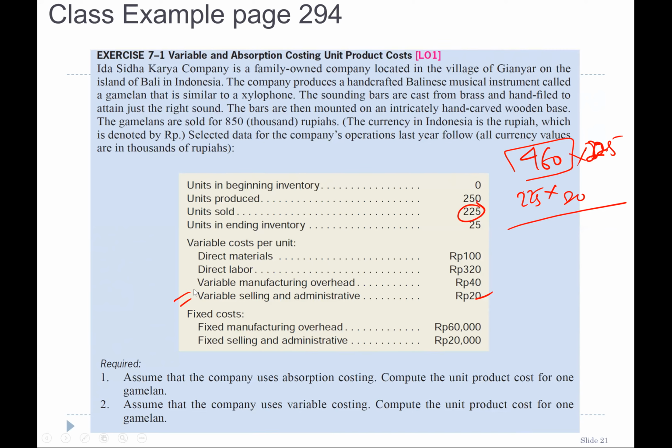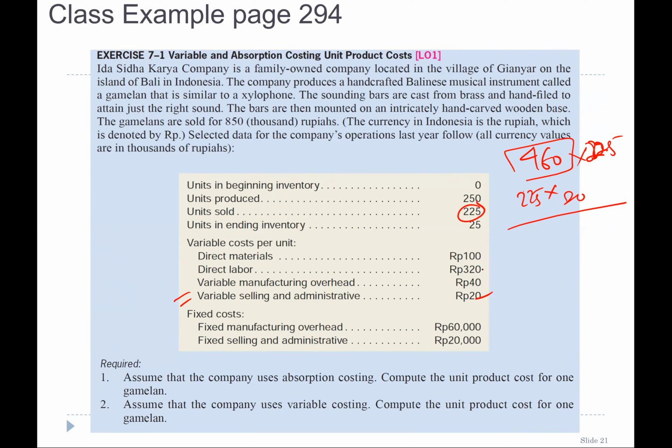How did you calculate that, Ayana? We just added everything, like variable cost per unit. No, you cannot add just like that.